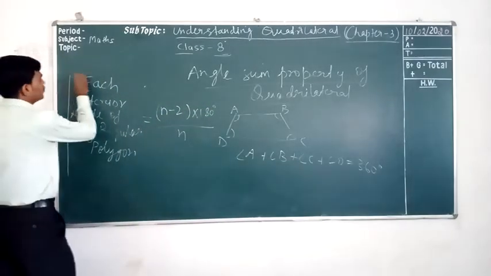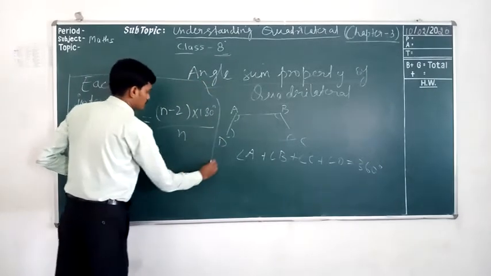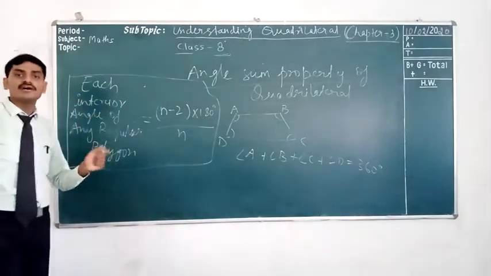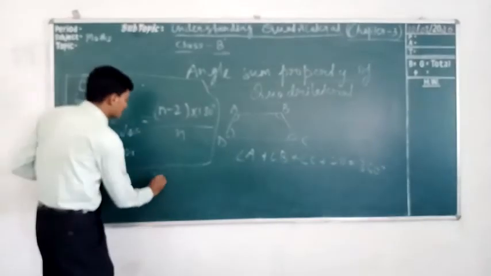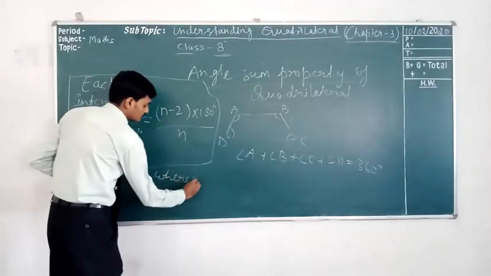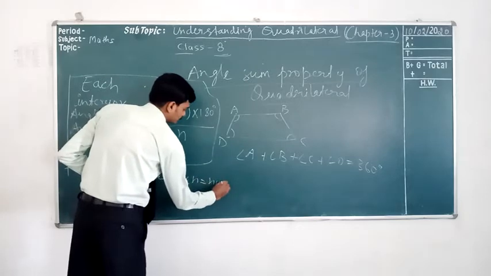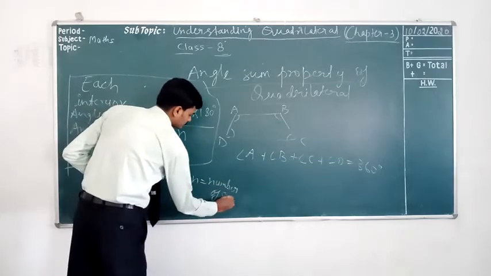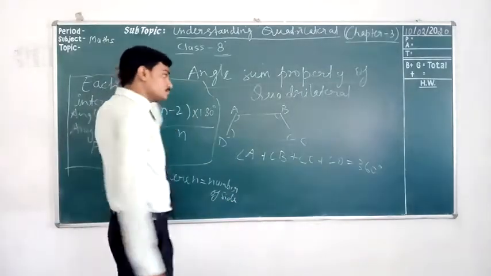This is the formula to find each interior angle of any regular polygon, where n equals the number of sides.